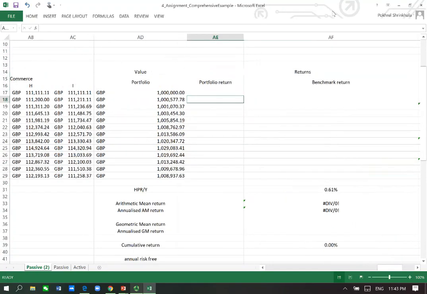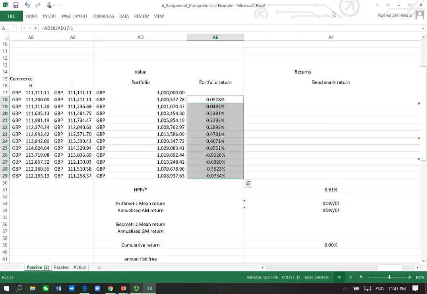So the portfolio return will therefore be the simple change in the value, which is new value, divided by old value, take away 1. So I've got these as my portfolio return.